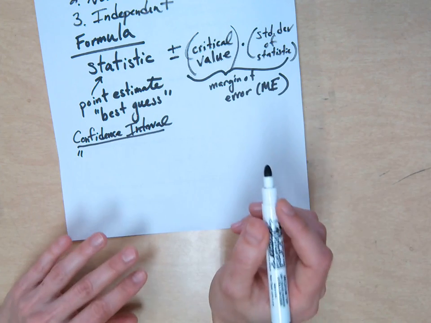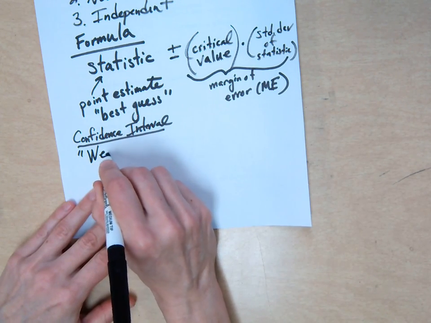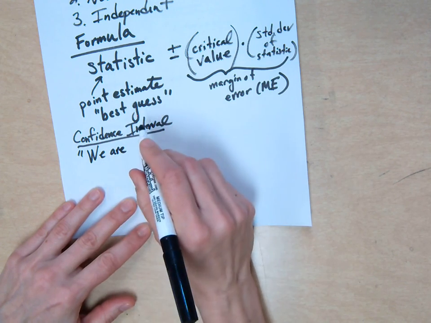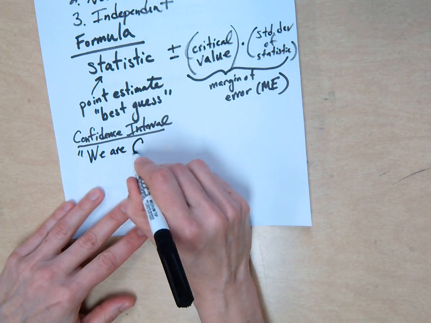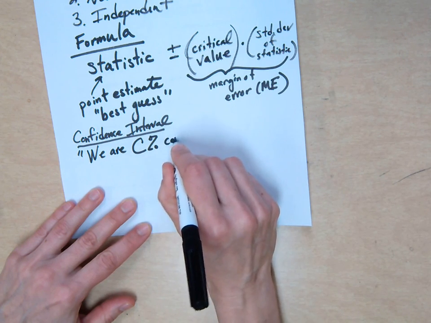So if you say this to interpret a confidence interval, we are blank percent confident, whatever the confidence level is, 95% confident.